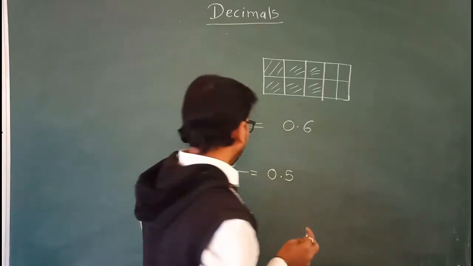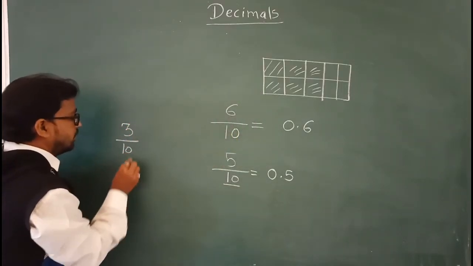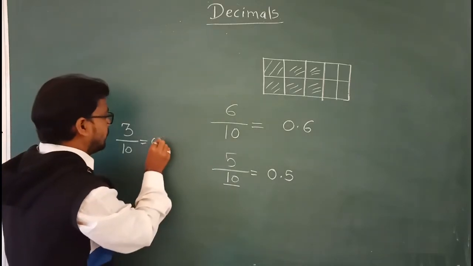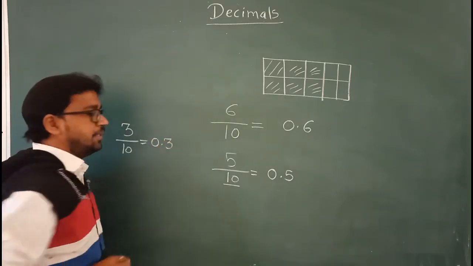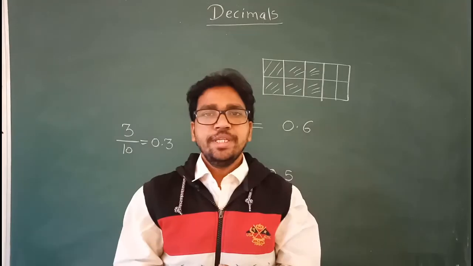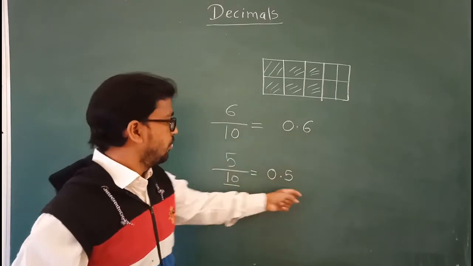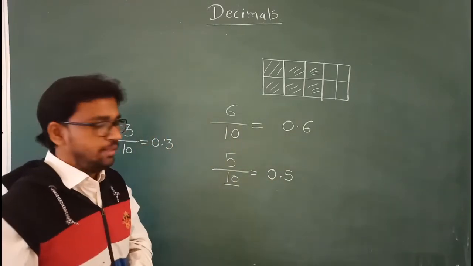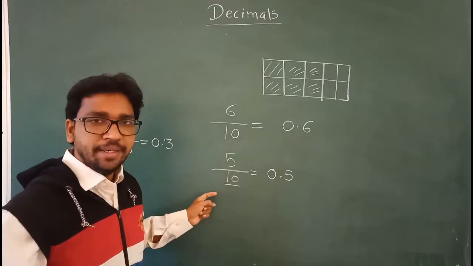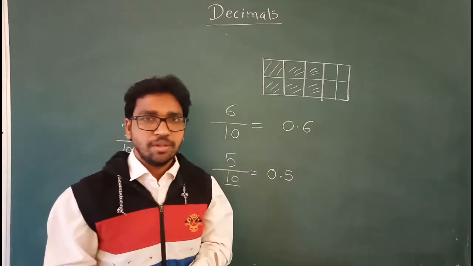One more example. Suppose here it is 3 by 10. Then how to write this in decimal form? It is 0.3. We can say this like 0.6, 0.5, 0.3 or 6/10, 5/10 or 3/10, right?